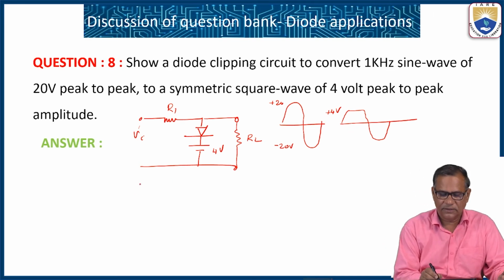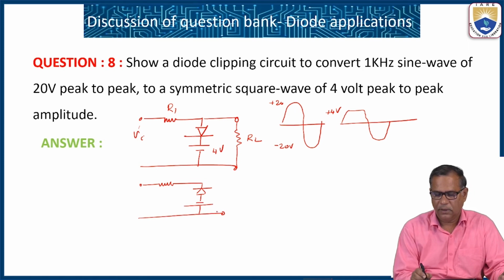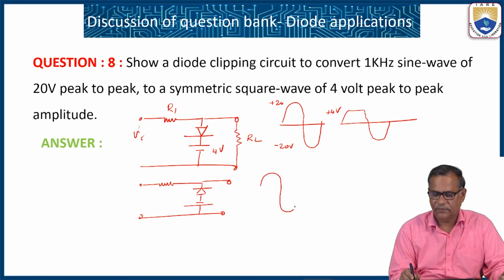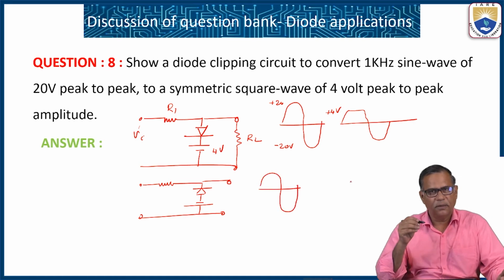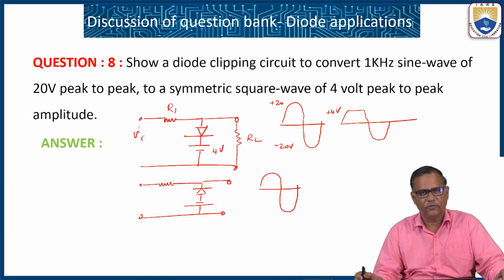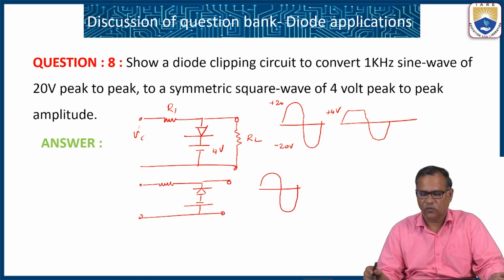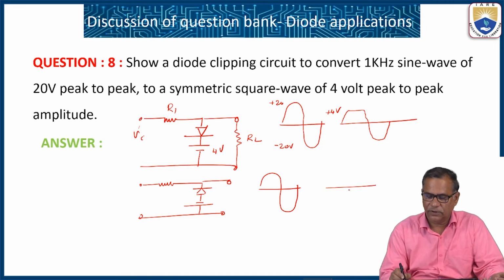Next, when you use a circuit like this, this is a negative clipper circuit, and this negative clipper circuit will clip the negative portion of the waveform which is more than minus 4 volts. So this gives the output voltage like this.